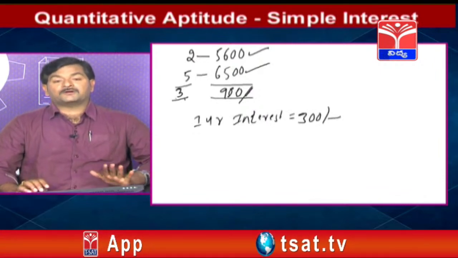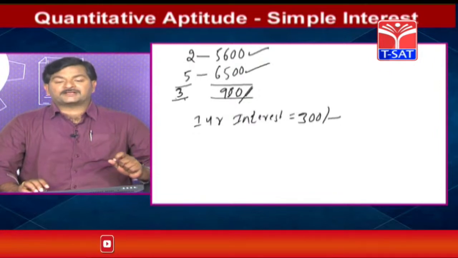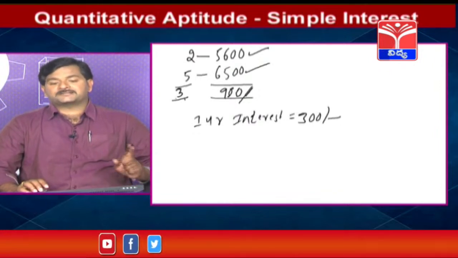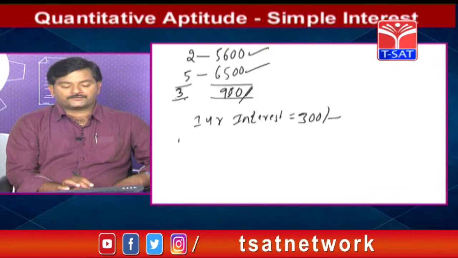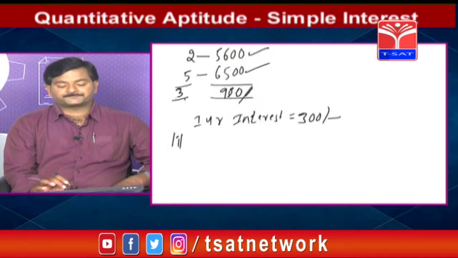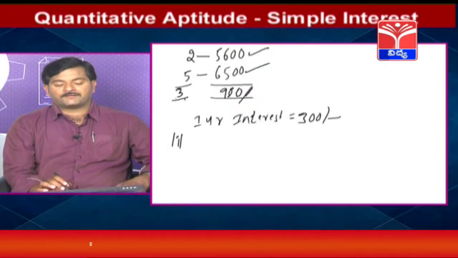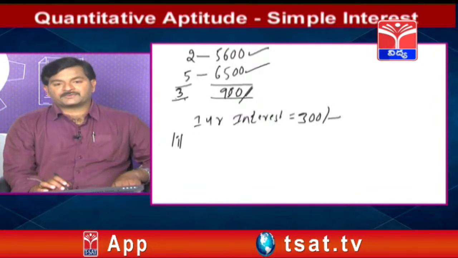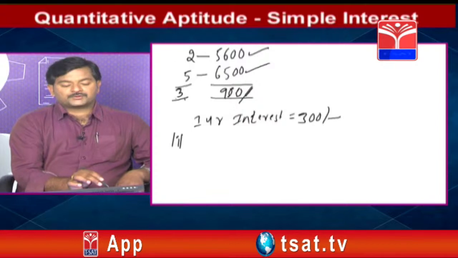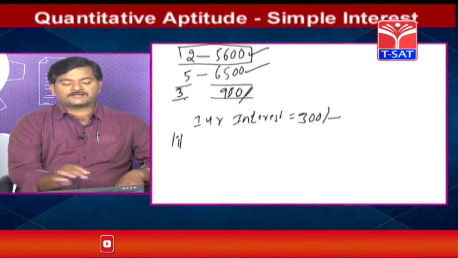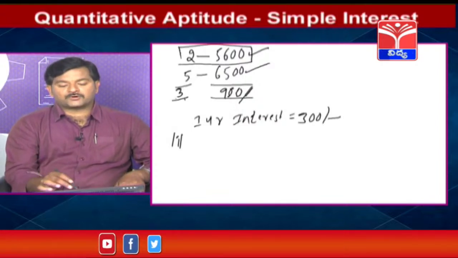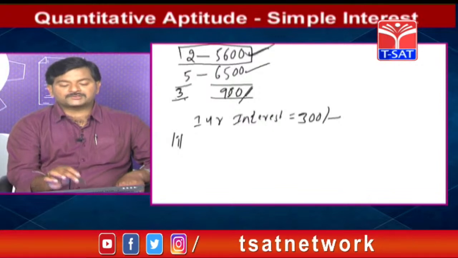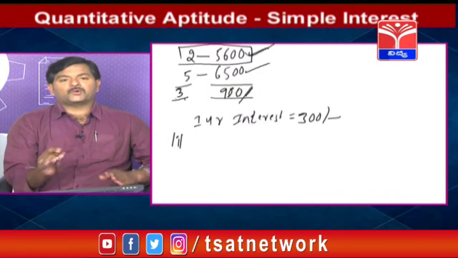But I don't want to find interest here. He asked you to find the certain sum of money as well as the rate of interest. These are two different questions. Now with this value, we can find the rate of interest and the sum. The 2 years amount he gave is 5,600, which includes the principal amount plus 2 years interest.